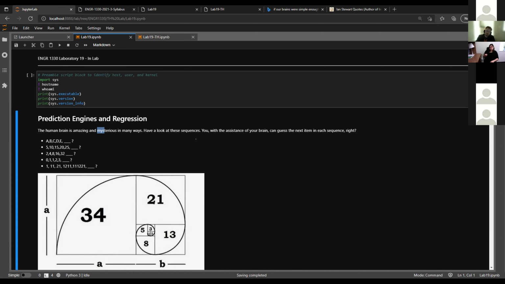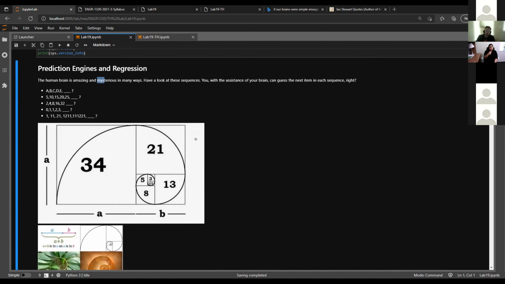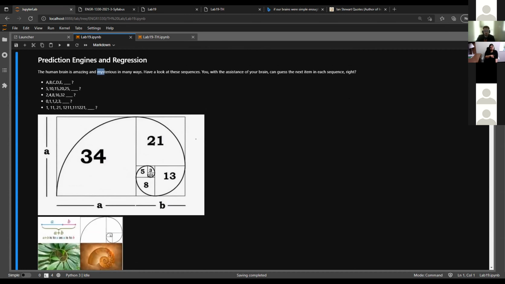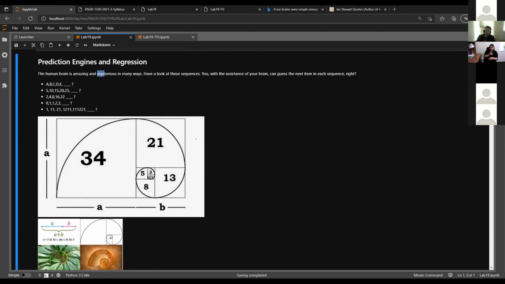So look at what we have here. We've got a couple sequences: A, B, C, D, E, and then blank; 5, 10, 15, 20, 25. Our brains are so good at this that it's difficult for me not to say what goes here just by listing it off. In fact, this is the kind of testing used for pattern recognition, because these are patterns. What is the pattern here? Yeah, Civ 5 is a good game, good quote too.